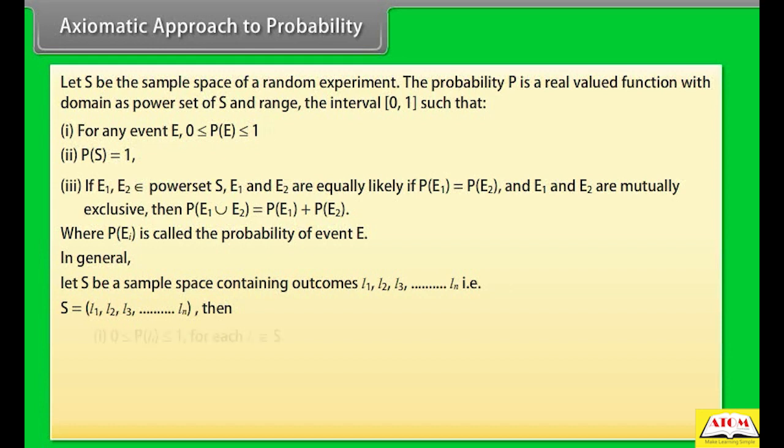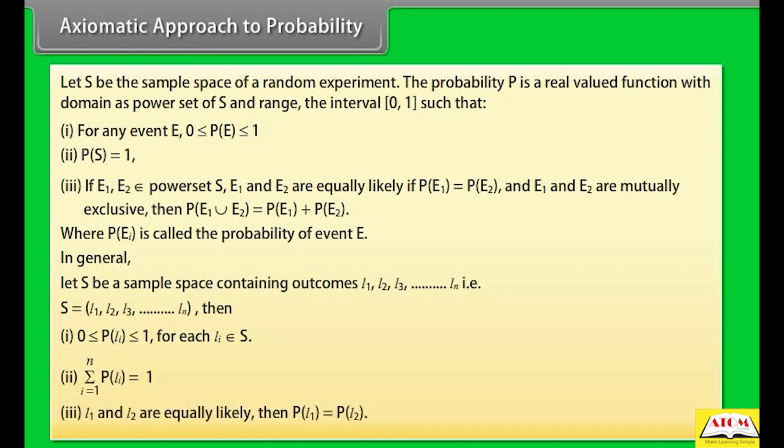Then 1. 0 ≤ P(Li) ≤ 1 for each Li belonging to S. 2. Summation of i = 1 to n of P(Li) is equal to 1. 3. If L1 and L2 are equally likely, then P(L1) = P(L2).